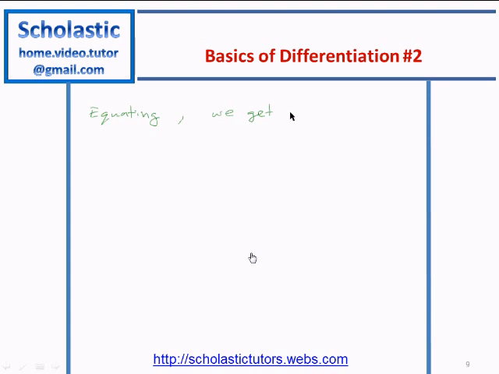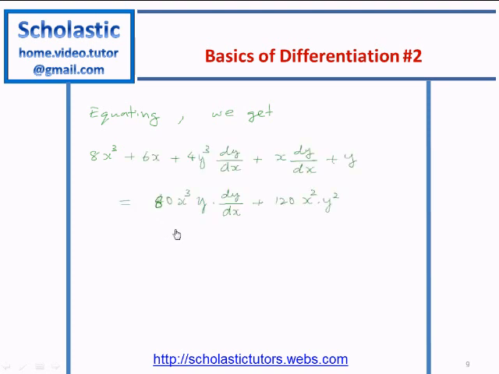We can equate the left hand side and right hand side. So then we get this expression. This is the left hand side, this is the right hand side we just now obtained. And then we take the terms with dy by dx into one side and the terms without dy by dx into the other side, and then take this term to the denominator.